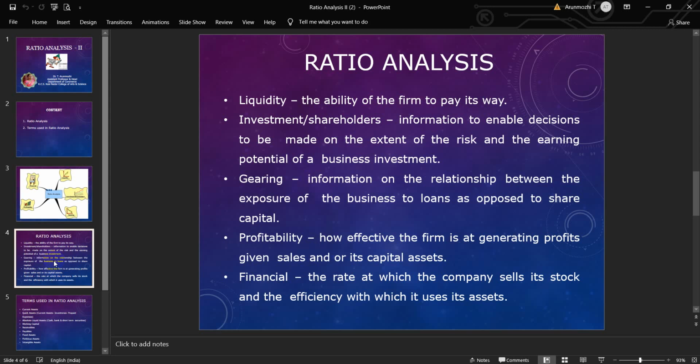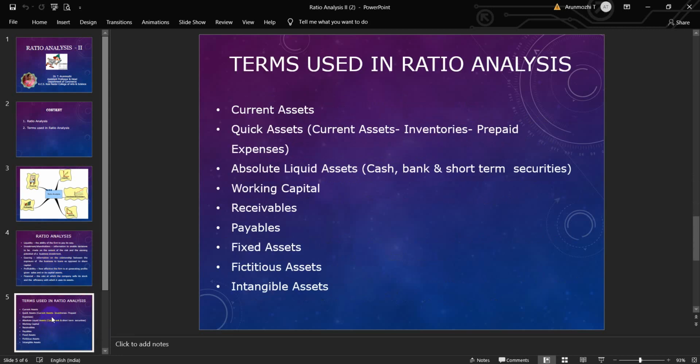Profitability is how effective the firm is at generating profits at given sales or its capital assets. Financial is the rate at which the company sells its stock and the efficiency with which it uses its assets. Terms used in ratio analysis.